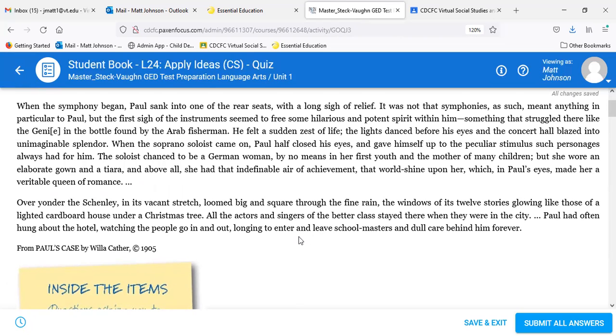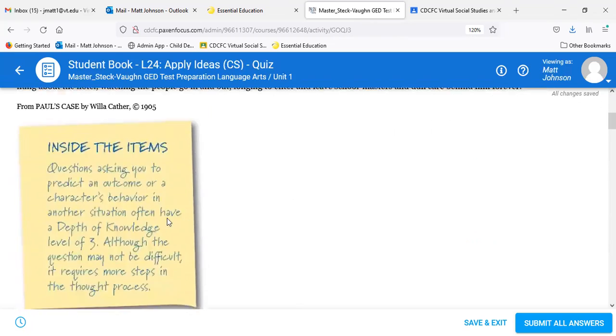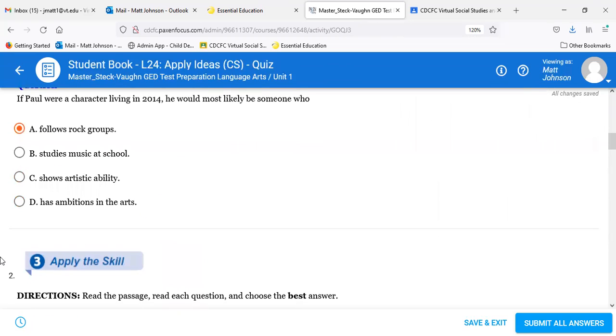We need a little more information there to figure that out. But he wants to leave his other life behind. It doesn't really imply that he would be interested in going to music school. He does like music, obviously, with the symphony, but he seems to be more drawn to that creative lifestyle and the culture behind it, not necessarily being an artist himself. So he would follow rock groups.